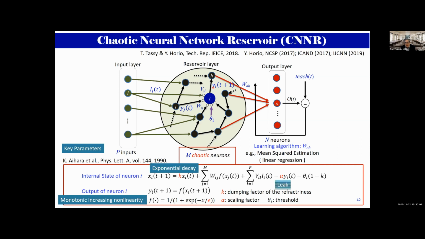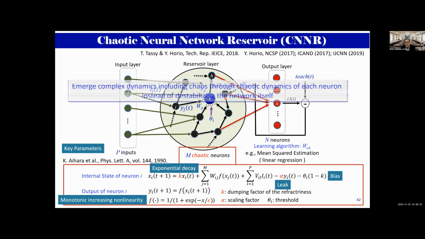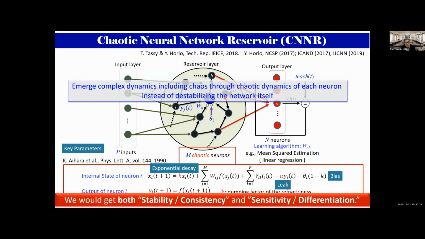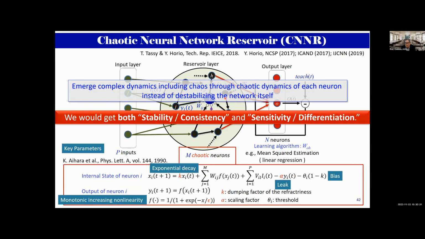The key parameters of the model are those, and if we tweak those parameters, we can introduce high-dimensional complex chaotic dynamics into the reservoir without destabilizing the network itself. So the echo-state property is intact. So maybe we could get both stability, consistency, and sensitivity and differentiation from the chaotic neural network reservoir.